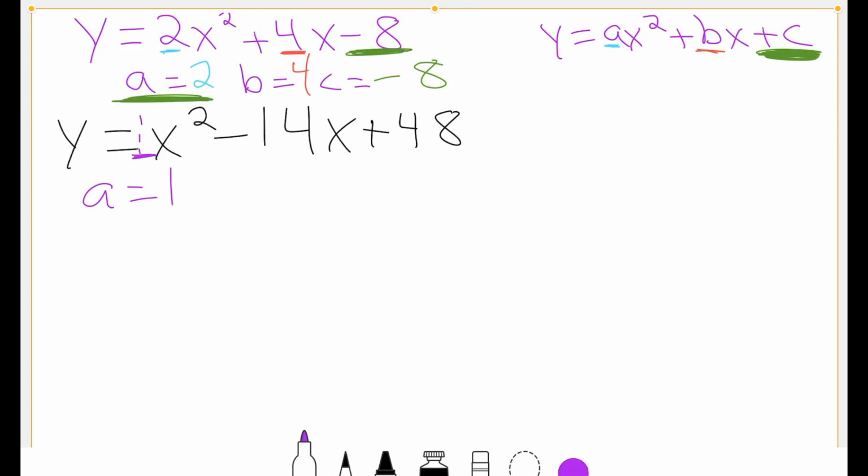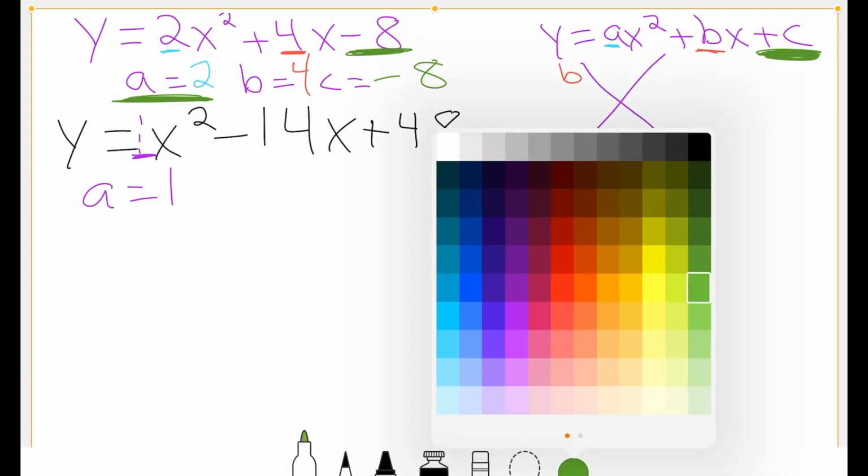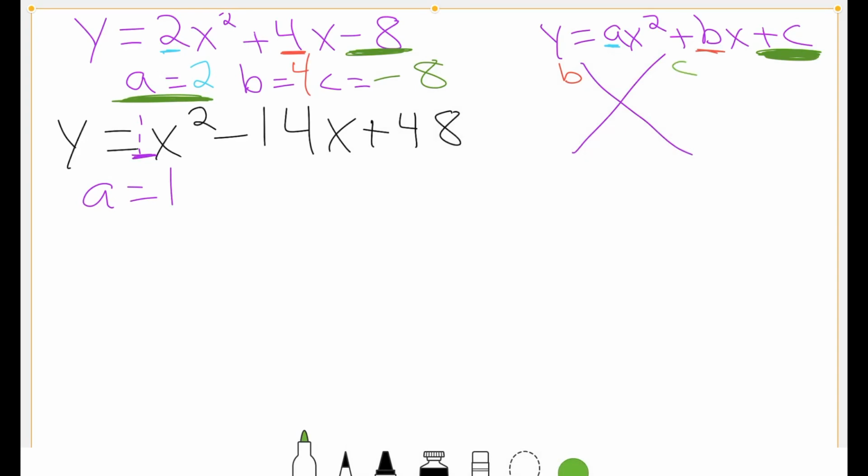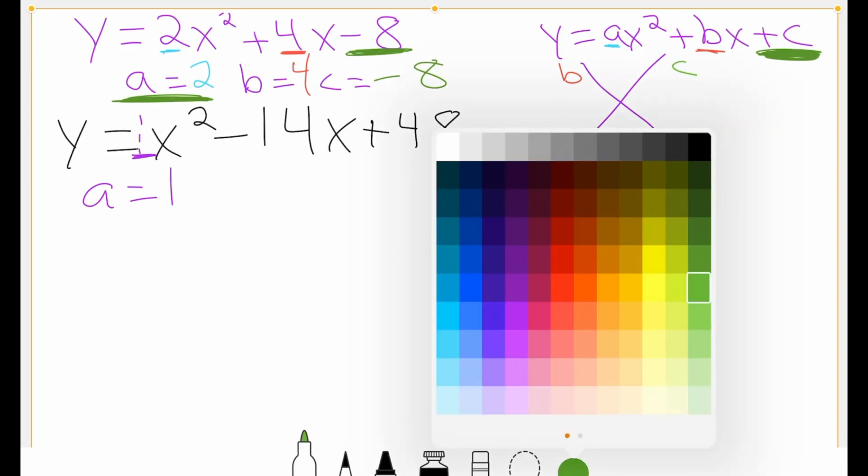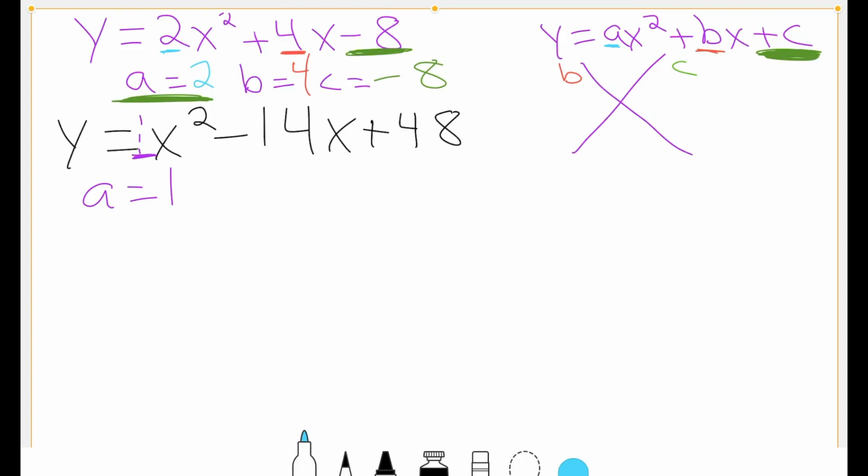What is our big X method? Well, we do a big X, and we put our b on the left side and our c on the right side. And we've got to figure out two numbers that multiply to get to c, but also add or subtract to get to our b.